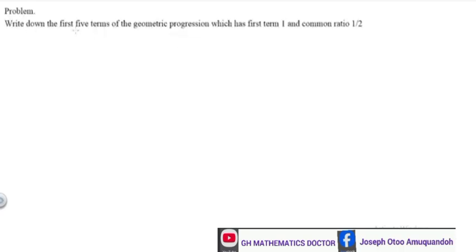Write down the first 5 terms of the geometric progression, which has the first term to be 1 and the common ratio to be 1 over 2. So we begin with the solution.